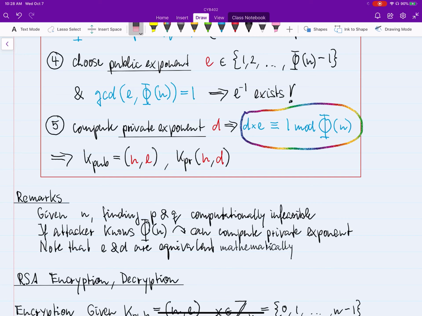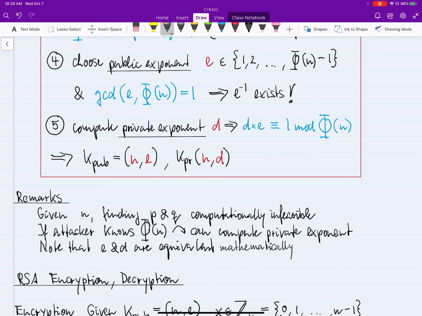Which is pretty much what we have already learned before. This is the very way an inverse is defined in modular arithmetic.